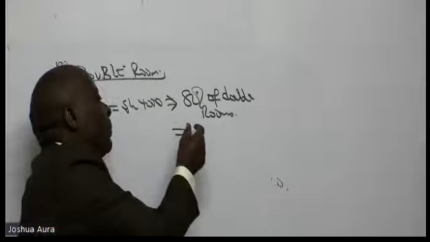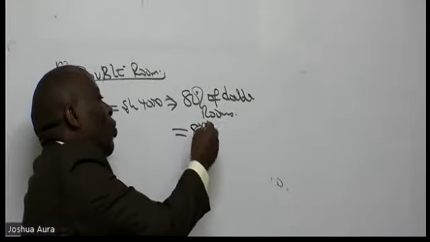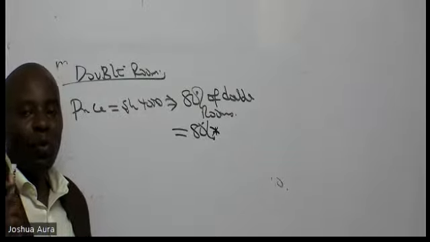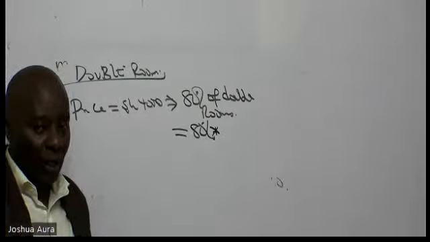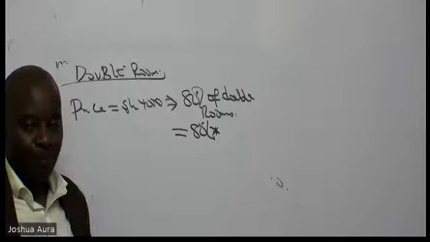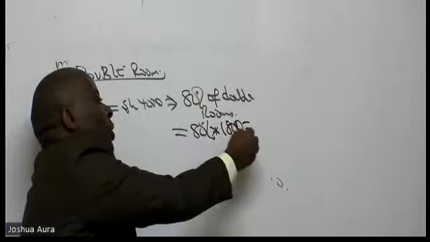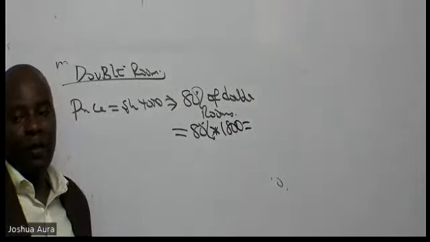So remember up there, you had given me the double rooms that are available. Is there somebody able to remind us the number of double rooms from the working we did up there? 1,800. So 80% of 1,800 gives me how much?